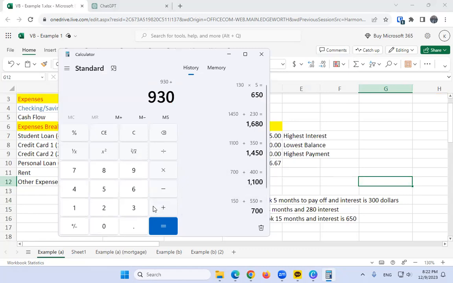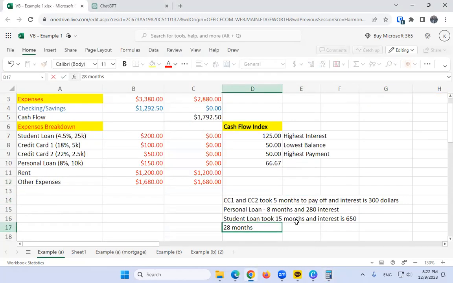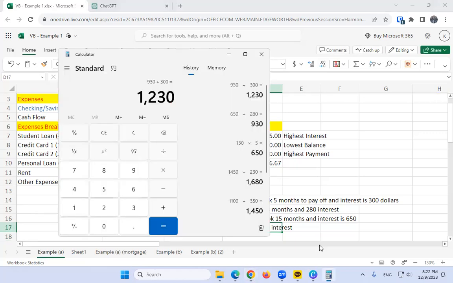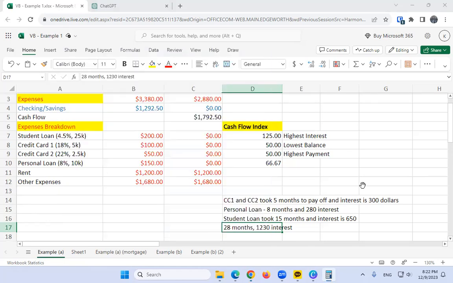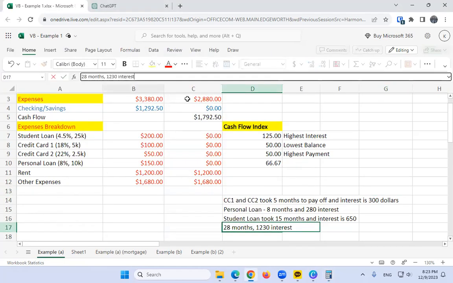So that'll be 28 months, 1230 interest. Okay, so how much is 28 months? That's a little bit more than 2 years, right? So that would be 2.3 years, which is not bad to pay off these debts.